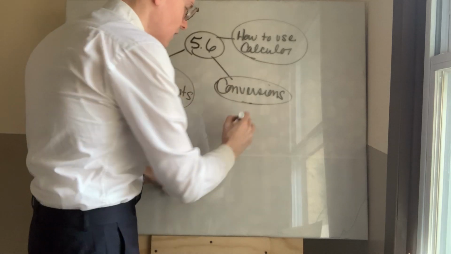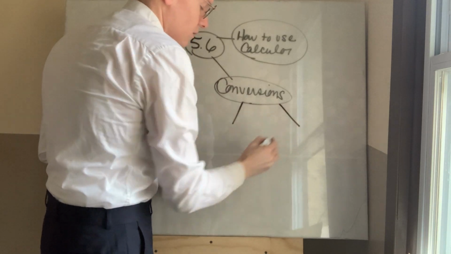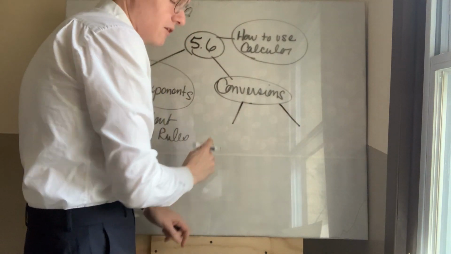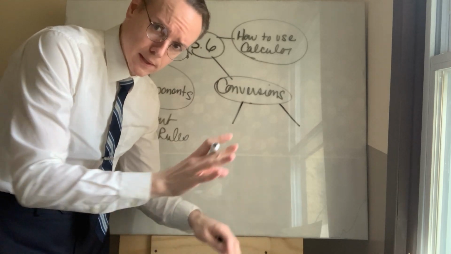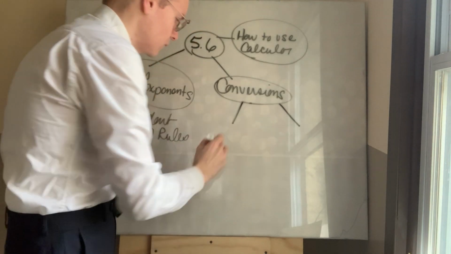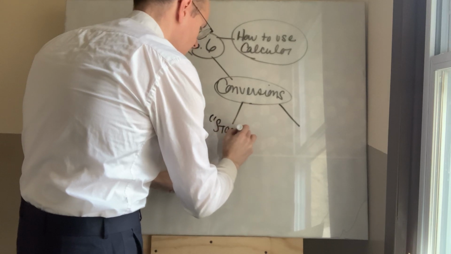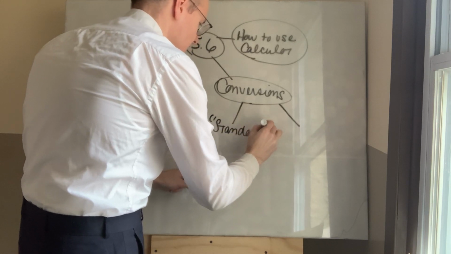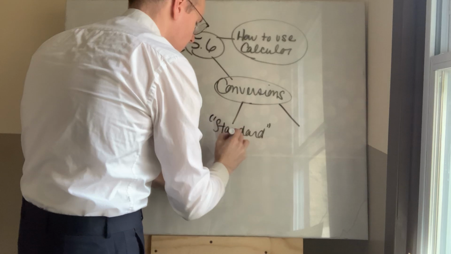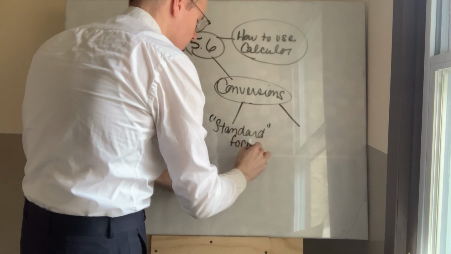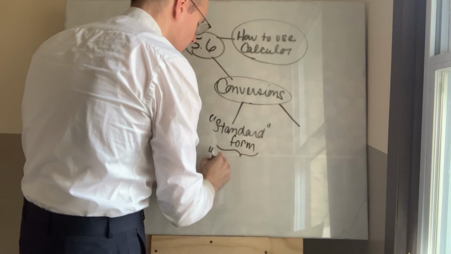Of conversions, let me just get this terminology out of the way. There's the regular ordinary way that a number is written, which in some textbooks is referred to as standard form, the standard way to write. In your book, I want to say that they're calling it decimal form.